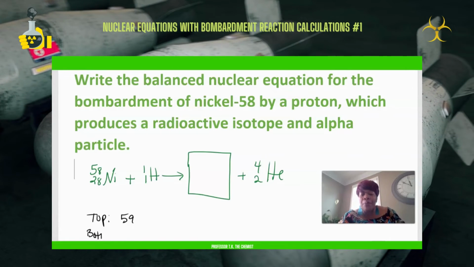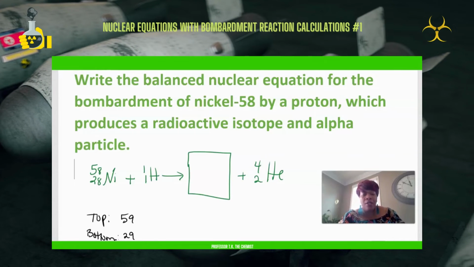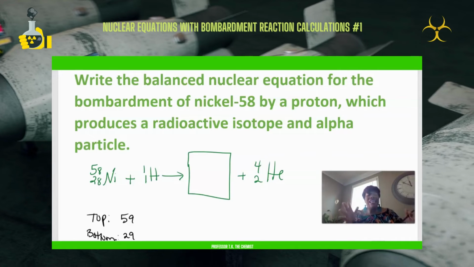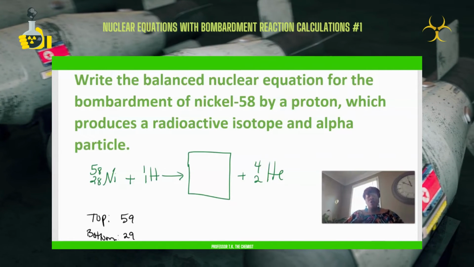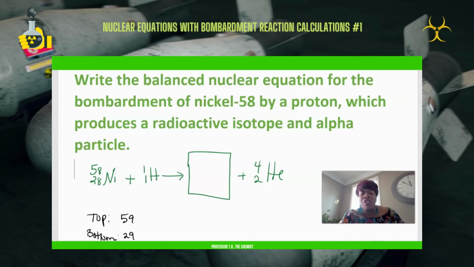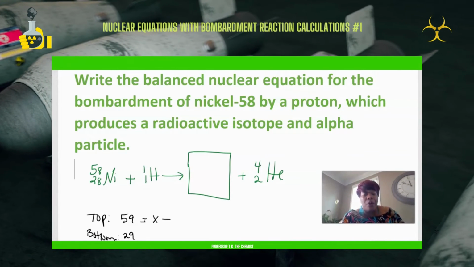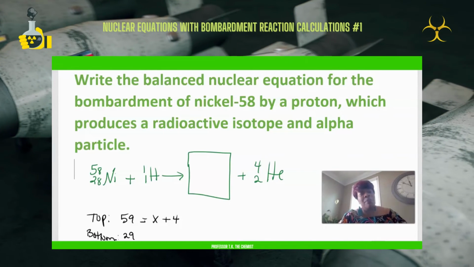And for the bottom number, 28 plus 1 gives me 29. So this tells me that the left-hand side has to equal whatever is going to be on the right-hand side. So what I can do with this information is say that 59 equals what number plus 4? Like we've done before, to find this missing piece here.